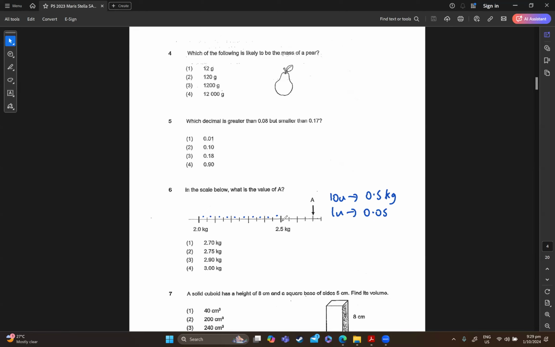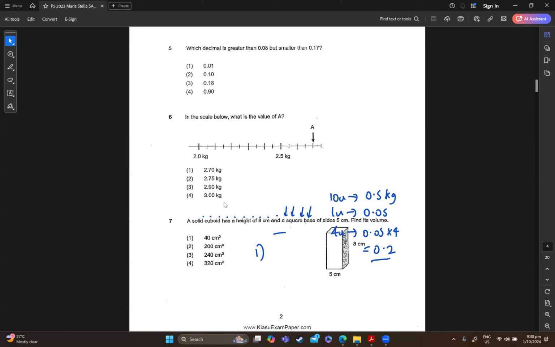Now, from the 2.5 till A, how many intervals are there? 1, 2, 3, 4. So go find the value of the 4 intervals, 0.05 times 4, which is 0.2. So just take 2.5 plus 0.2, you should get 2.70, which is option 1.